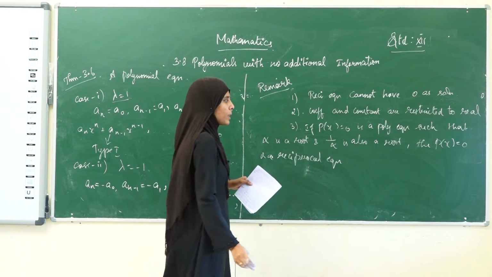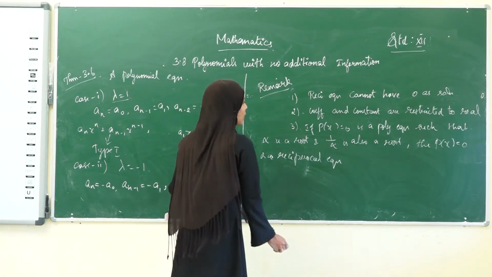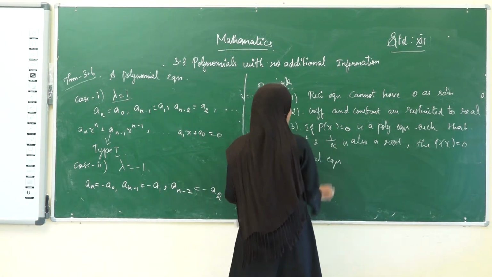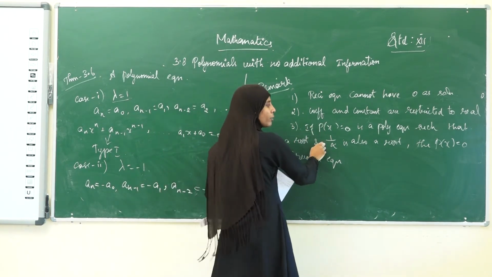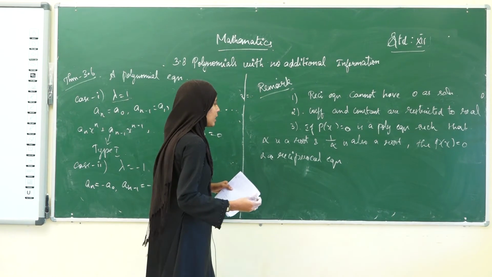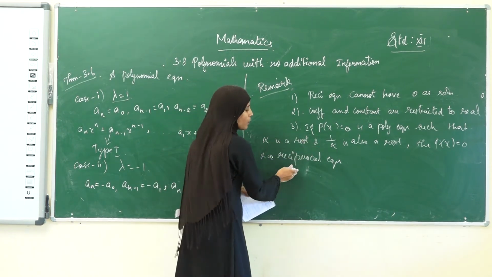Is this true for everything? They have given a polynomial equation. For this polynomial equation, if we have alpha and 1 by alpha as two of its roots, then we cannot say p of x is a reciprocal equation.